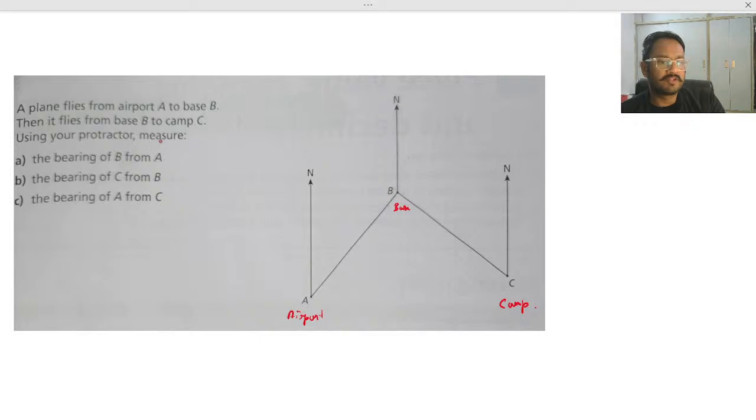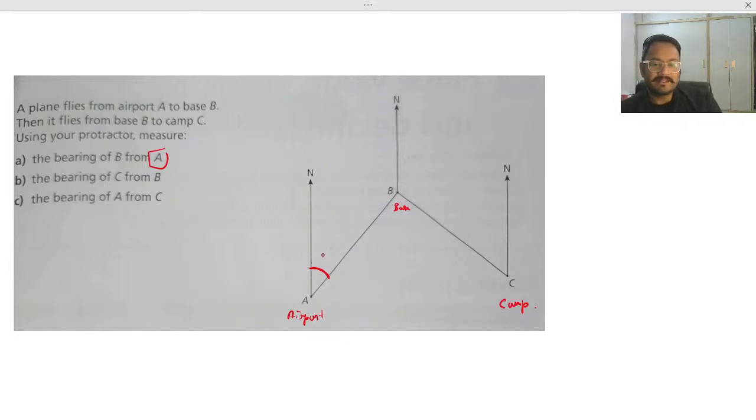Using the protractor, measure the bearing of B from A. So you come to A and measure this angle. Now you need to be very much pro in using the protractor, otherwise the problem will arise.